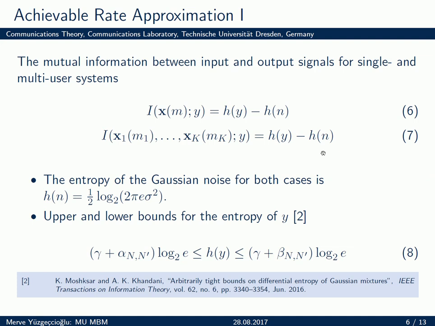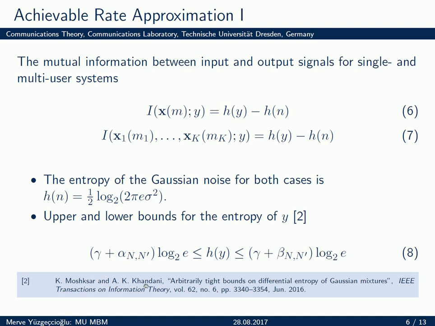Here, calculating the entropy of the noise is pretty easy since it's Gaussian. The actual challenge here is to calculate the entropy of the output signal, because there is no closed form expression for the entropy of a Gaussian mixture variable. So recently there was a work published by Moshksar and Khandani.